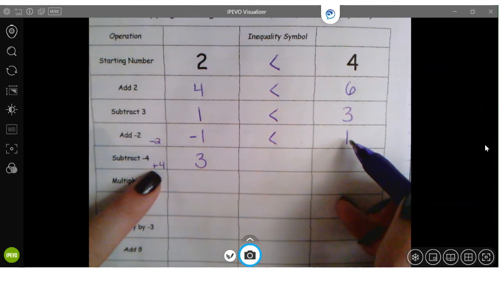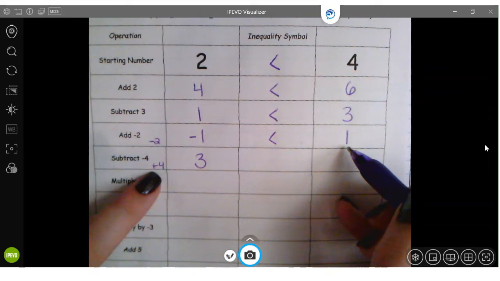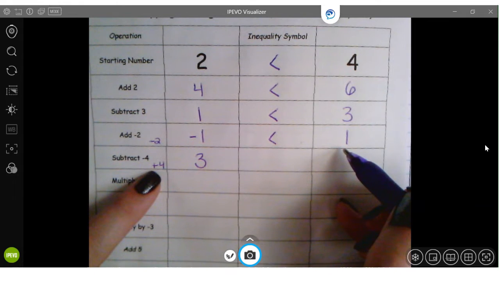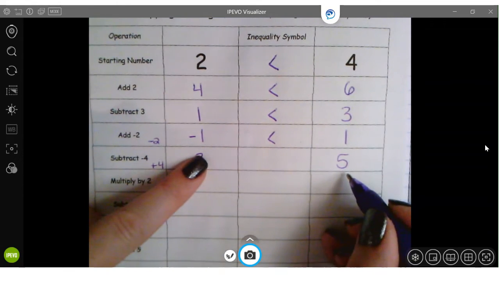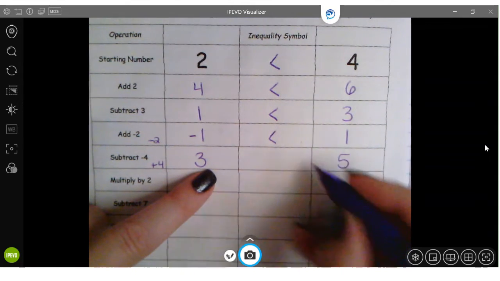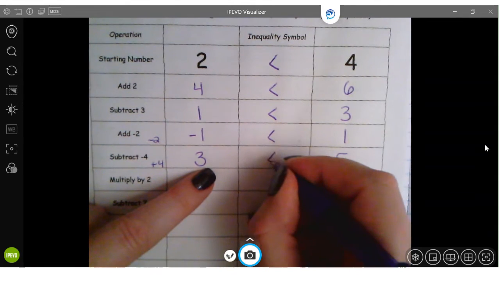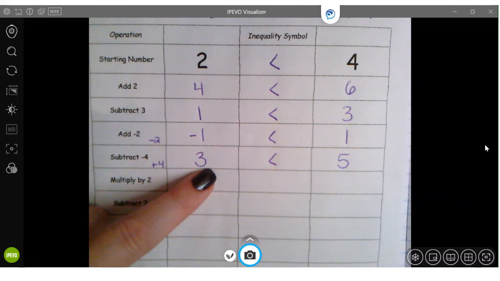And I'm going to do the same to the 1, either add 4 or subtract negative 4, whichever way you want to think of it, and that would be 5. So I'm comparing 3 to 5. 3 is what compared to 5? Well, it's still less than, right? 3 is less than 5.